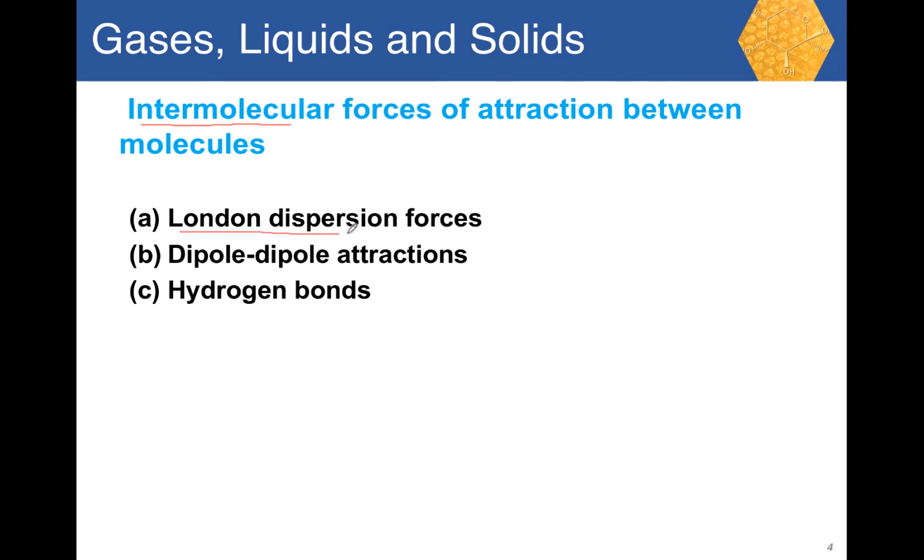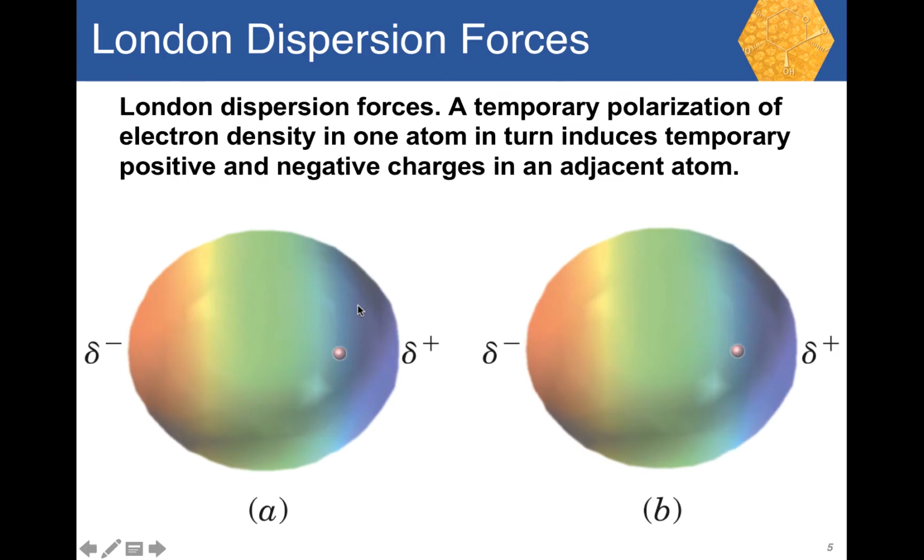One's called the London Dispersion Forces. In some books you'll see it as the Van der Waals attractions. Next we look at the dipole-dipole attractions. And lastly we'll look at hydrogen bonding, or hydrogen bonds. So let us start by looking at the London Dispersion Forces, or the Van der Waals.